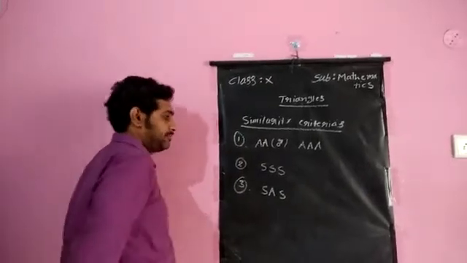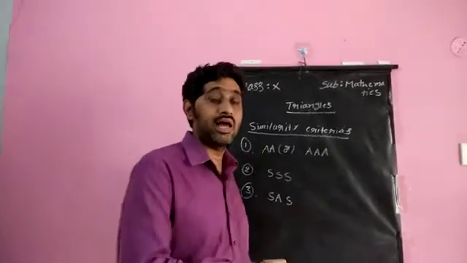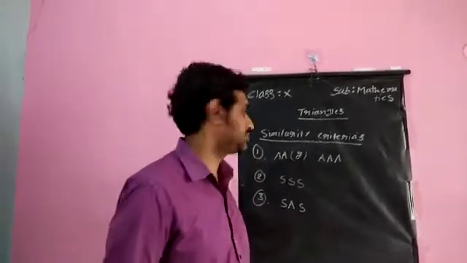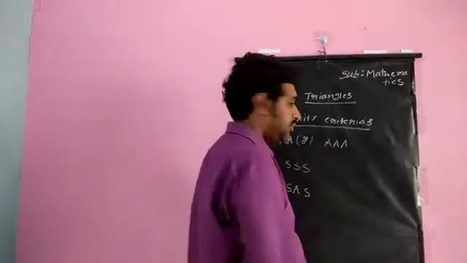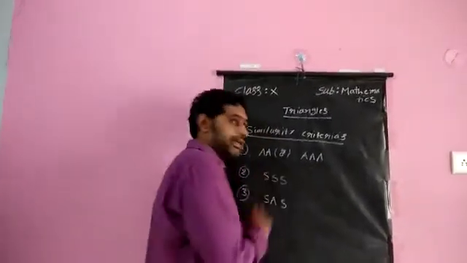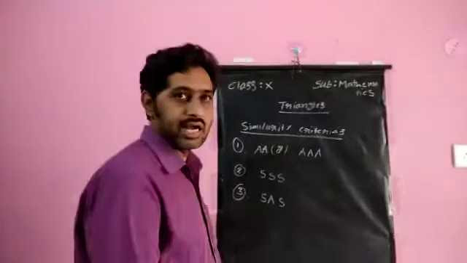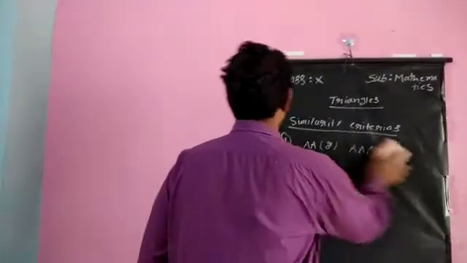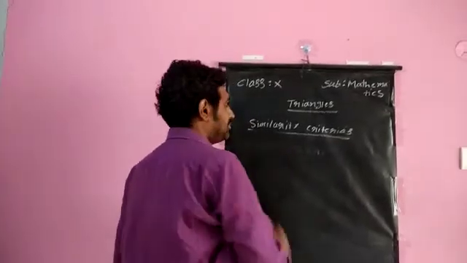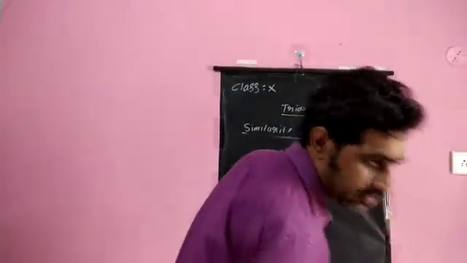Like this, we will be having three similarity rules. These are similarity rules, different from the congruency rules. First one is angle or angle angle similarity rule, then side similarity rule, and side angle side similarity rule.